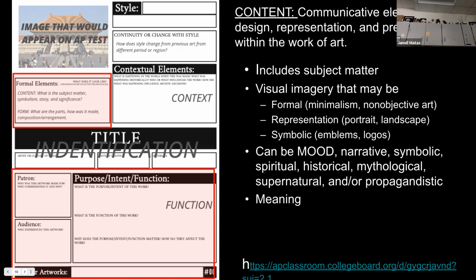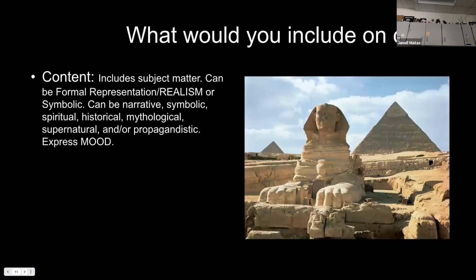So like we have our sphinx, right? What is the symbol of the sphinx? What do you think? What's the symbol of this? You guys have studied this before. What do you think? Why is there a sphinx, a Khafre, in front of his pyramid? And why is it so big? What does it show? Don't worry about being wrong. You probably will be wrong a lot, and that's okay. What about it?